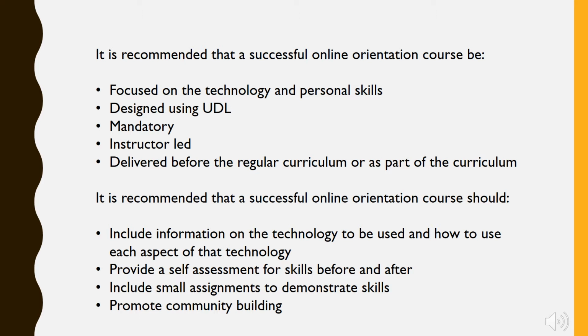It is also recommended that they should include information on the technology being used and how to use each aspect of that technology, provide a self-assessment of skills before and after so students can understand how far they've come, and include small assignments to demonstrate their skills and promote community building.